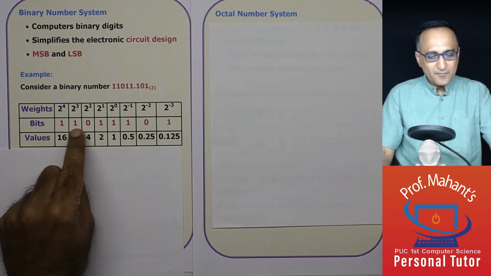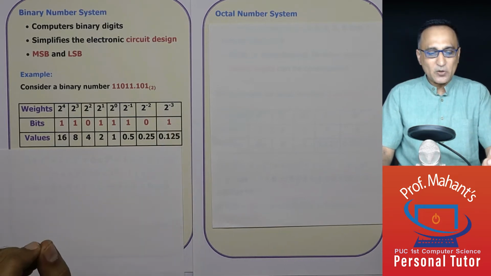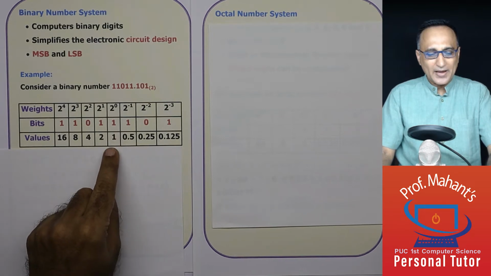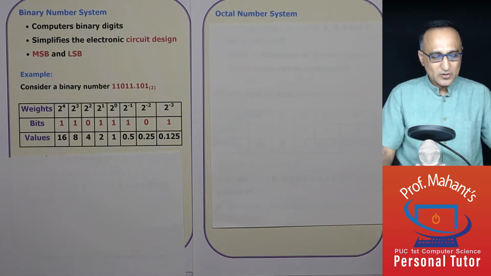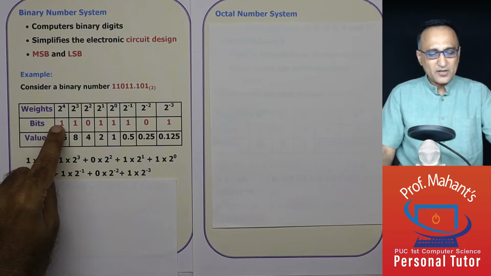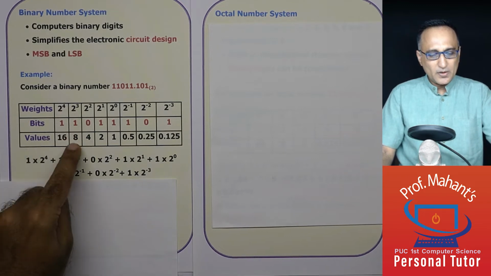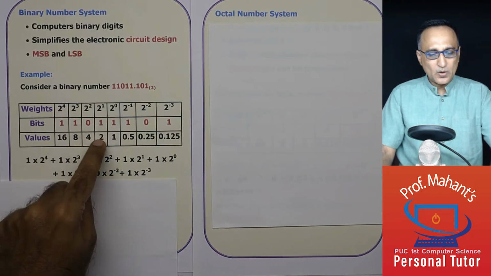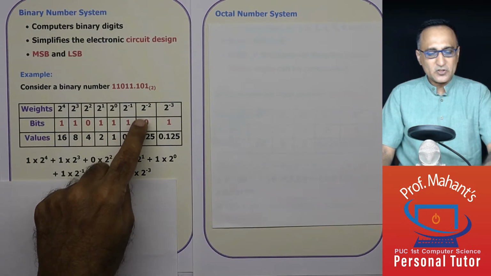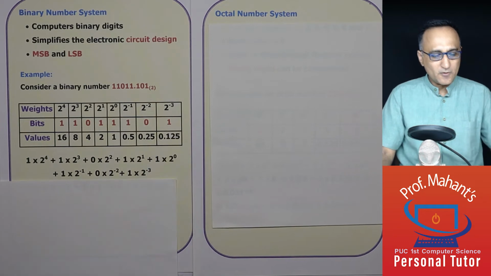Now if we have to get the equivalent decimal value, we have to multiply each of these digits by the values or the weights. So let's see how we do it. I am multiplying 1 into 2 raised to 4, which is 1 into 16, 1 into 8, 0 into 4, 1 into 2, 1 into 1, 1 into 0.5, 0 into 0.25, and 1 into 0.125.